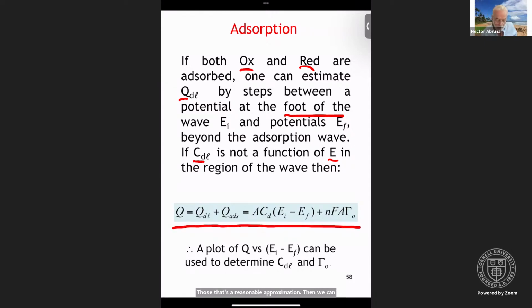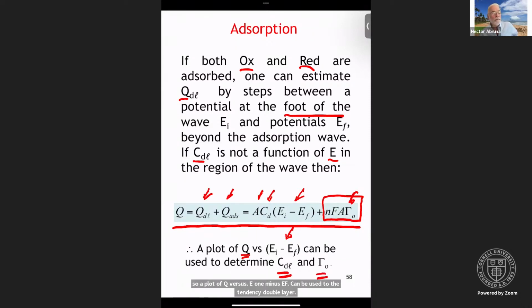That is Q, which is double layer plus adsorbate, equals area of the electrode times capacitance, which we're assuming to be minimally potential dependent, times the difference in potentials here, plus nFAΓ0. Remember, this is the surface coverage, n, the Faraday constant, and area. And so a plot of Q versus E1 minus Ef can be used to determine C double layer and Γ0.